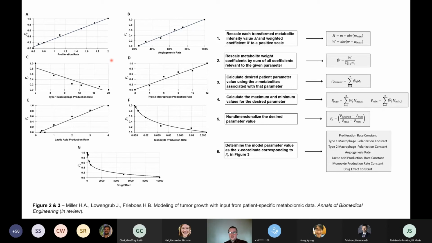So after each model parameter was varied to establish calibration curves, the curves were mapped to a new y-axis on a scale from 0 to 1. So given a value of p sub y, the parameter values can be interpolated by then mapping to the x-axis.